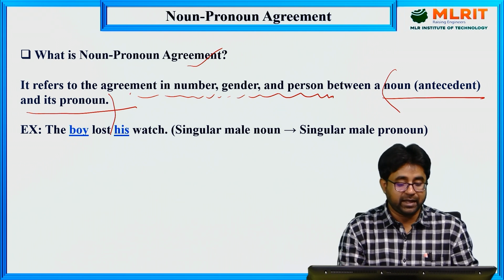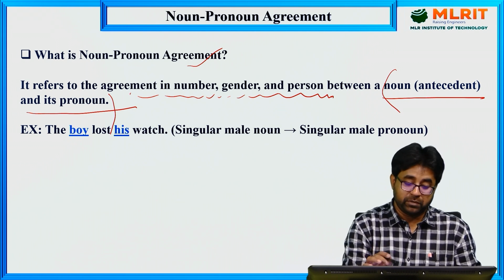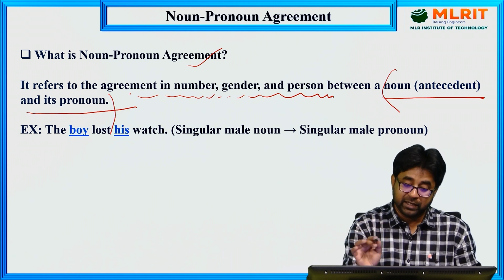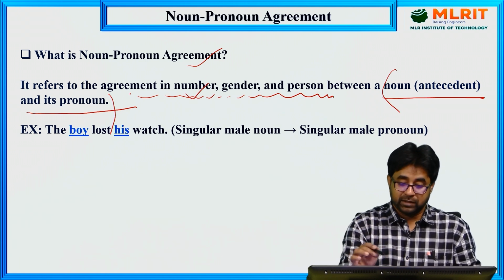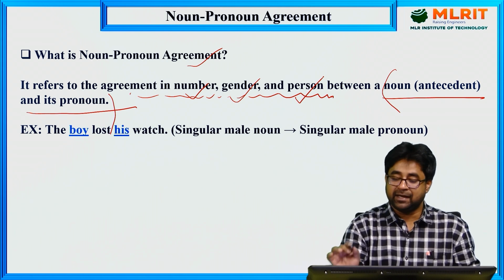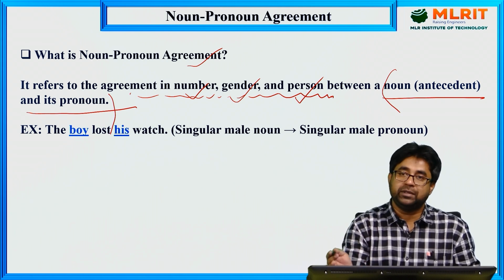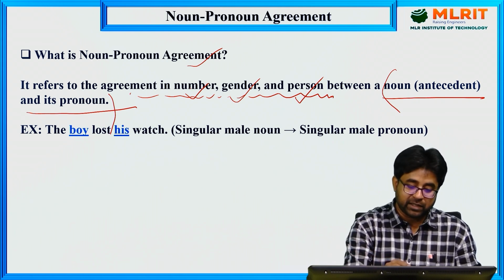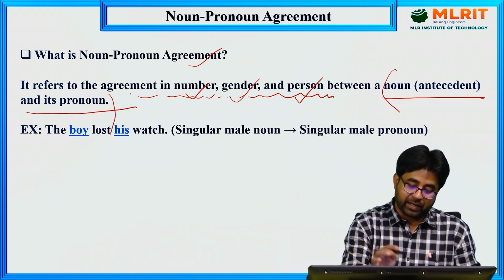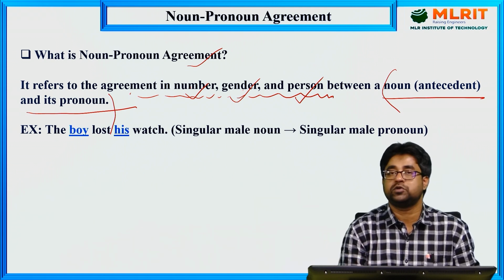Another thing that you need to remember is that agreement will happen with respect to three things: number, gender, and person. So now you can understand that noun and pronoun should agree with each other in terms of number, gender, and person. So let's say if a noun is singular, a pronoun also should be singular.